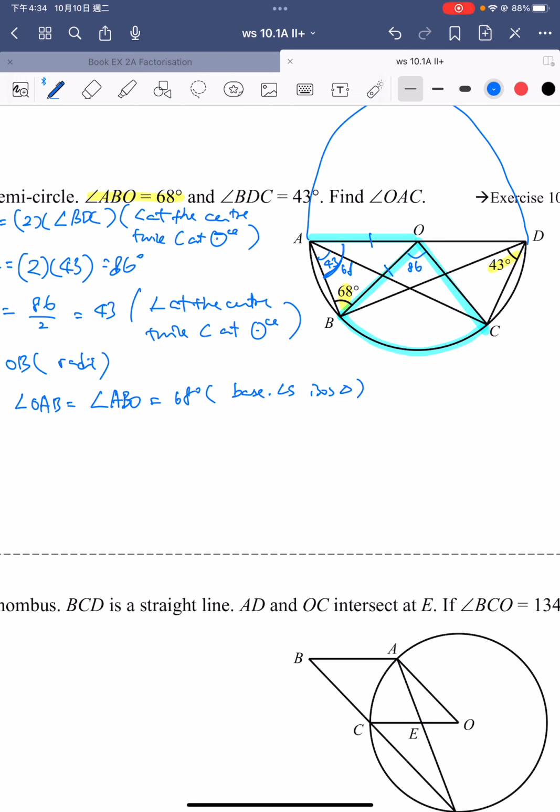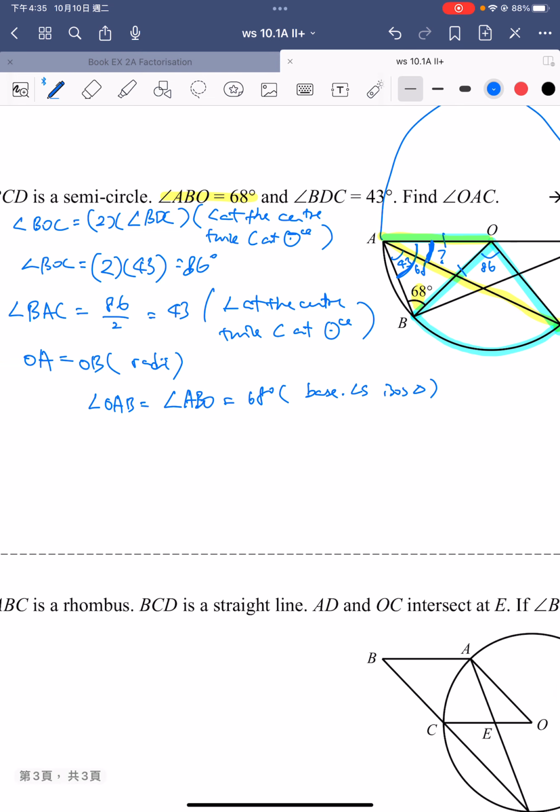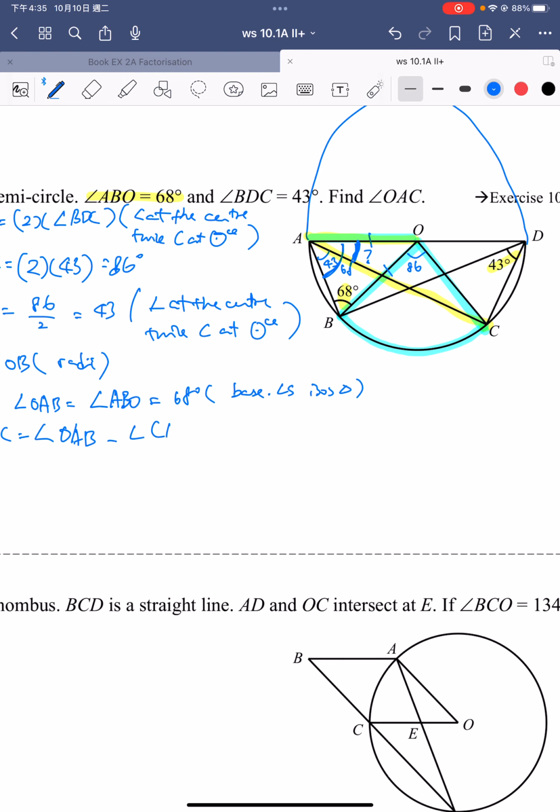So what's the angle that we are required to find, which is going to be the angle OAC. So it's this angle here, just in the middle here. So what's the angle here? Then we can use our angle OAC is equal to the angle OAB minus the angle CAB.